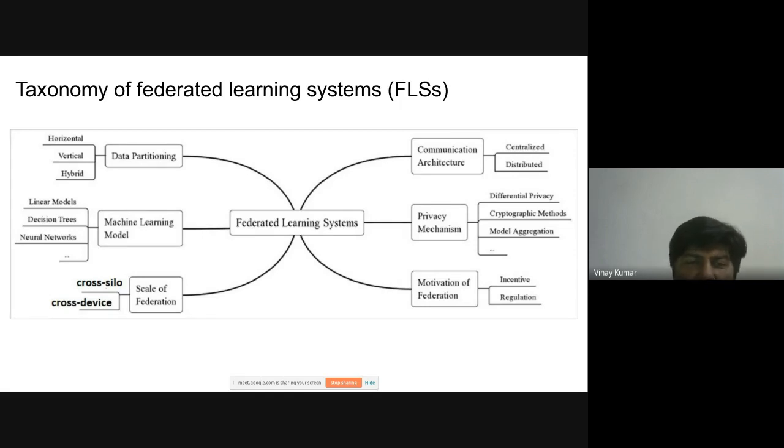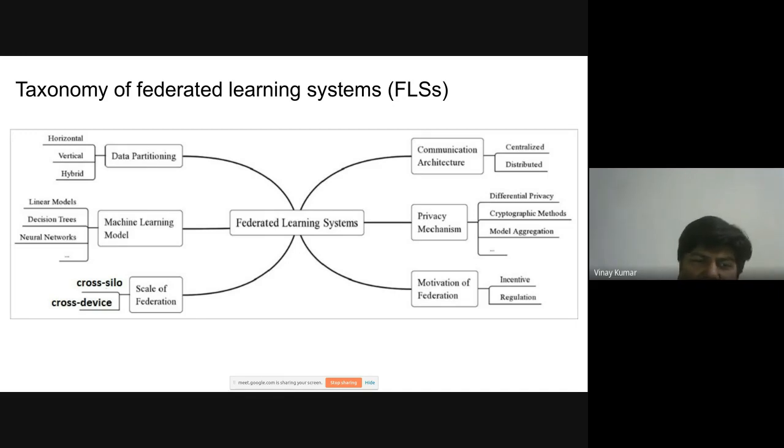There is another widely used model, the decision tree, which is highly efficient to train and easy to interpret compared with neural networks. Tree-based federated learning is basically designed for federated learning of single or multiple decision trees. Besides neural networks and trees, we have linear models like linear regression, logistic regression, and SVM, which are classical and easy-to-use models.